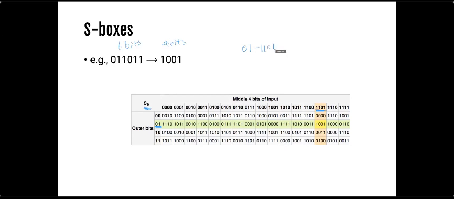And then by looking at the table, we know that we're going to substitute it to 1, 0, 0, 1. So this is the way that we change these 6 bits to 4 bits. And the table, the box, is called S-box.